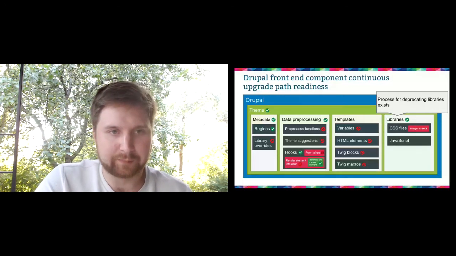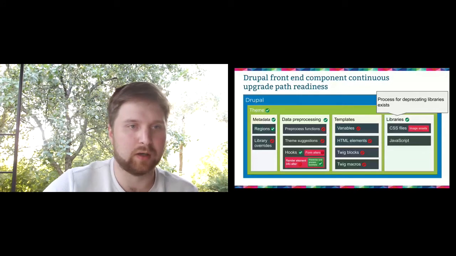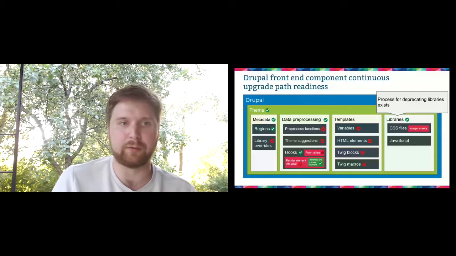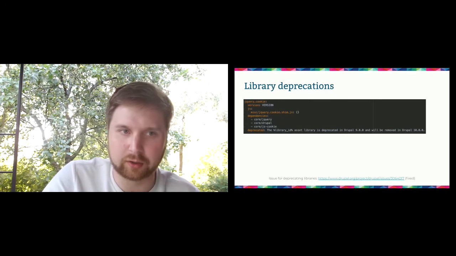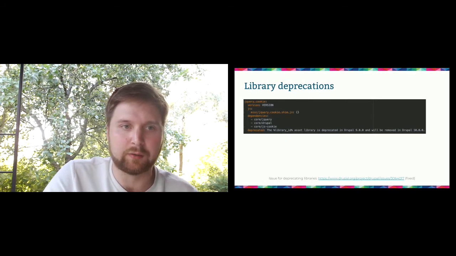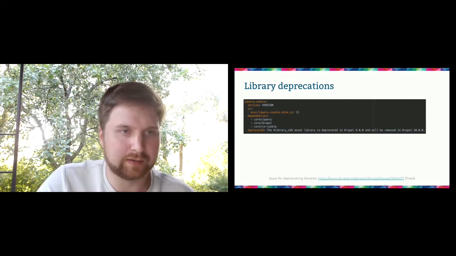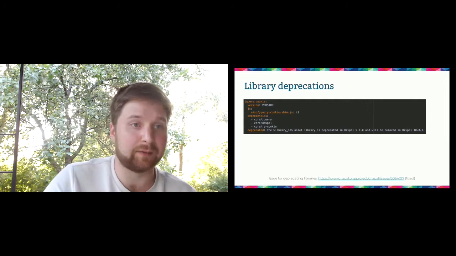During the Drupal 9 lifecycle, we figured out a process for deprecating libraries, which is great. For example, during the Drupal 9 lifecycle, we deprecated lots of jQuery UI libraries. And here's an example of jQuery cookie, which is currently marked as deprecated in Drupal 9 and to be removed in Drupal 10. Basically, you just have to provide a deprecated key on part of the library definition in the libraries.yaml file.